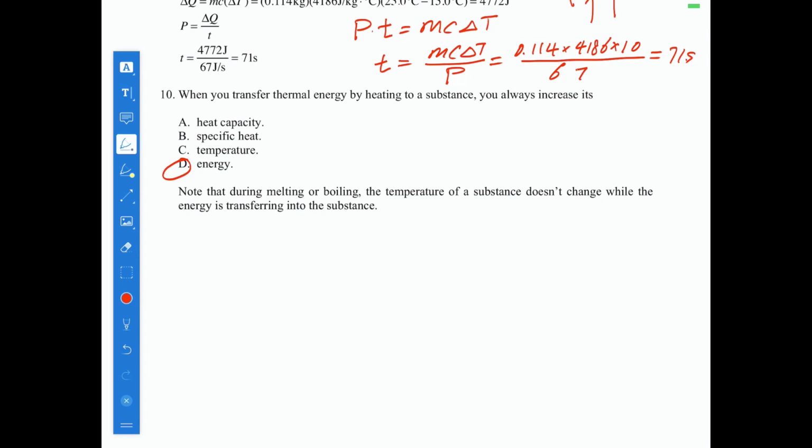Now, temperature. Now be careful. When you transfer heat into a substance, there will be a time, say during the phase change, the temperature will remain unchanged. So it means temperature can change, but in some circumstances, it could remain unchanged. What always increases is its energy. So the answer is D.